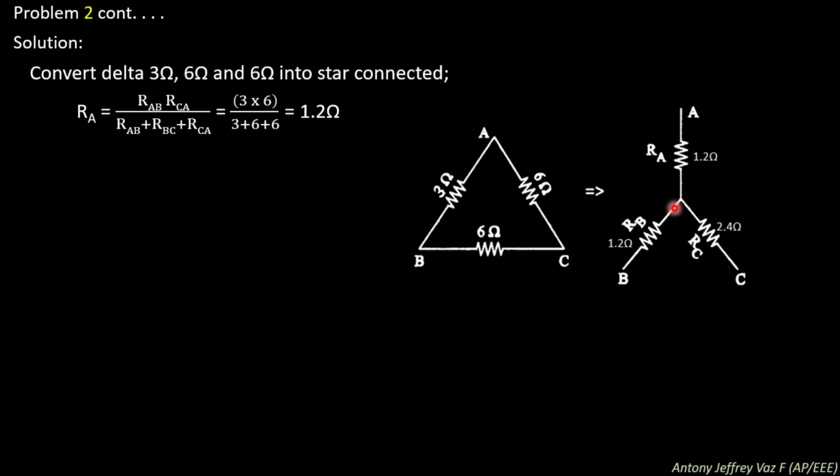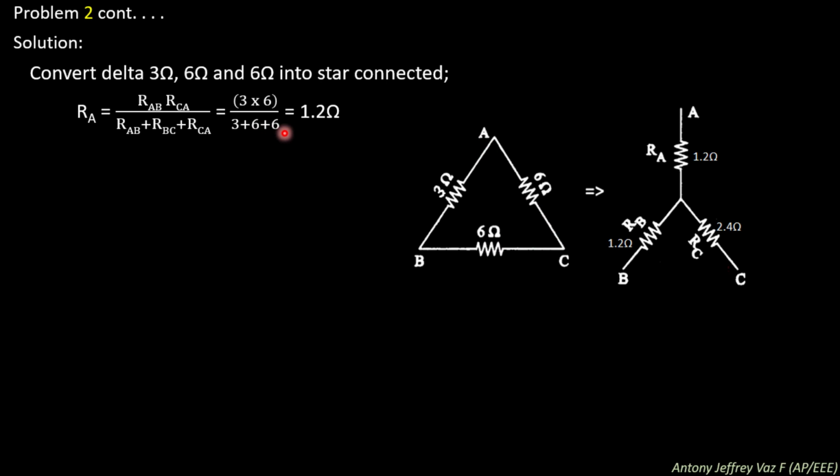So to convert the delta into star, you have a formula RA is equal to RAB RCA divided by RAB plus RBC plus RCA. So substitute all the values. Here RAB is 3 ohm, RCA is 6 ohms, and RBC is 6 ohm.